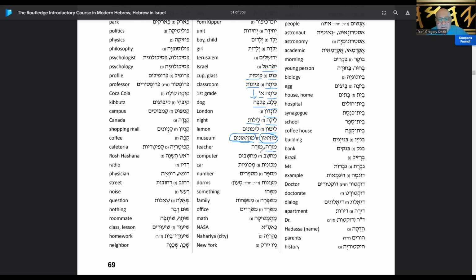And then teacher is more. That's a masculine teacher. Mora is a female teacher. Mahashev, mahashvim, I think. Yeah, computer. Got the wrong one in there.